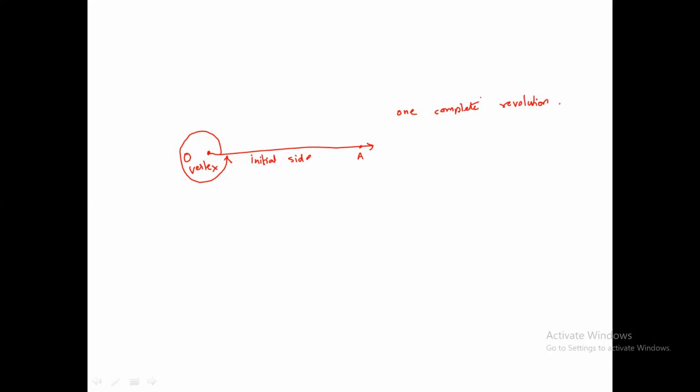We have rotated for one complete rotation. Then I stopped it. So the initial side is also the terminal side. Both the initial side and the terminal side are the same.